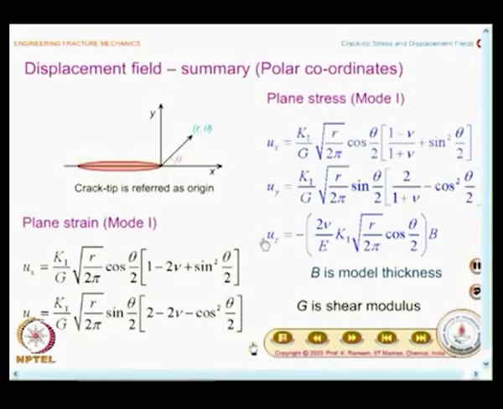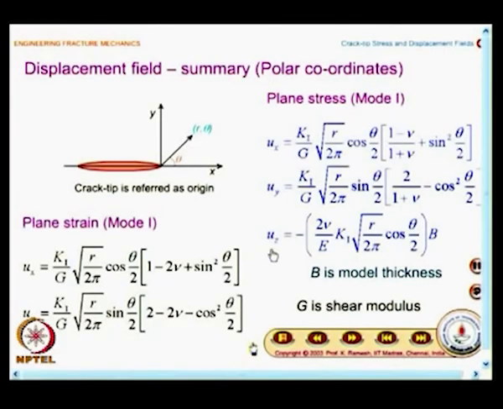I had mentioned near the vicinity of the crack tip, because of very high stress values, you would find a lateral contraction. In fact, we saw that as a dimple, and now you have an expression for that displacement itself. In a normal problem, the displacement would be quite small. Because you have a crack problem, I have the value of K, and if you look at the parameters close to the crack tip, you find that this value is quite significant, you cannot ignore it.